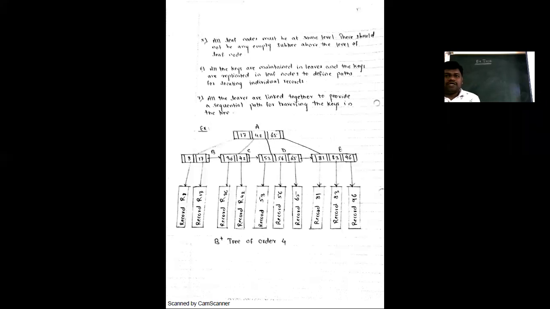And there should not be an empty subtree above the level of the leaf node, right? And all the keys: in the B tree we maintain the key at the root as well as in the leaf or child nodes also, right? But here all the keys are maintained at the leaf nodes only.